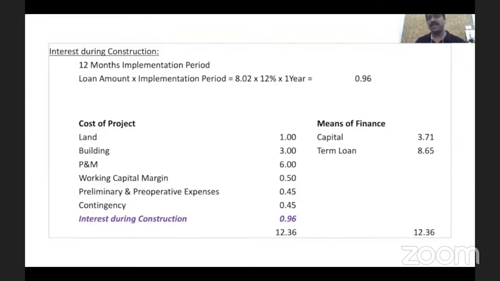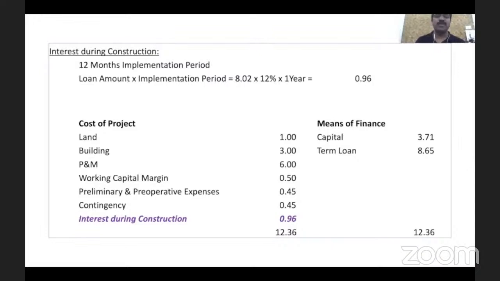If he thinks that he can start this project with an investment of 10 crore, he is digging his own grave. He needs at least 12.36 crore to have this project implemented, and he cannot do it by bringing in just 3 crore. He should be mentally and financially prepared to bring in 3.71 crore, and that's good because the term loan is also increasing from 7 crore to 8.65 crore.